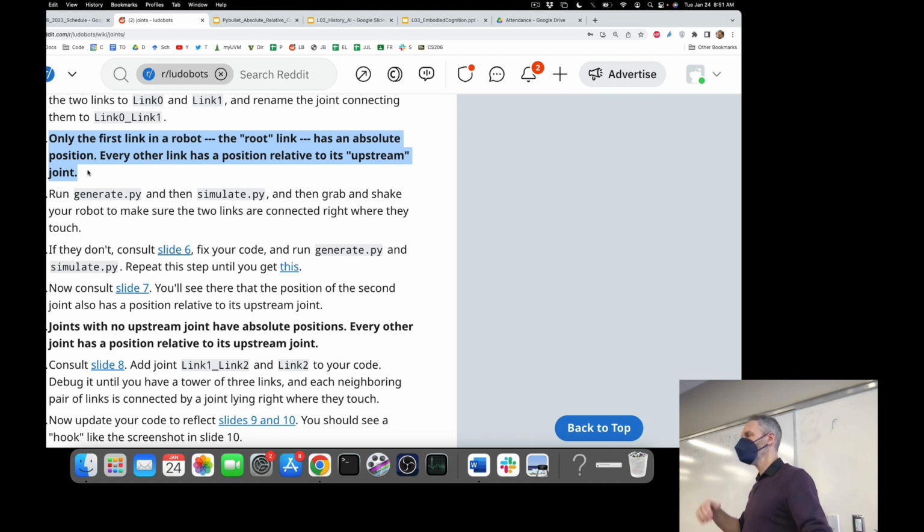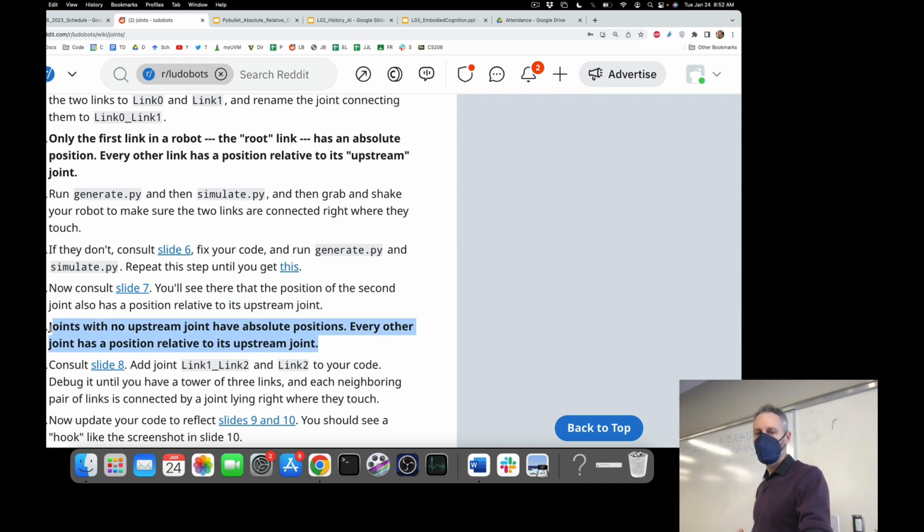We covered that already. Step 36, when we think about adding joints, joints with no upstream joint have absolute coordinates. Every other joint has a position that's relative to its upstream joint. It's a lot to digest. Have a look at the cartoon in the slide deck. You'll get lots of practice in assignment 2 doing this.